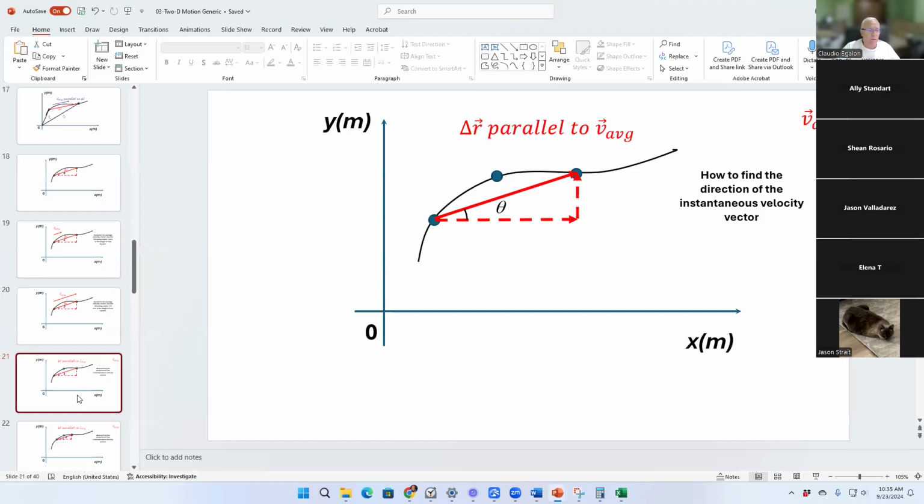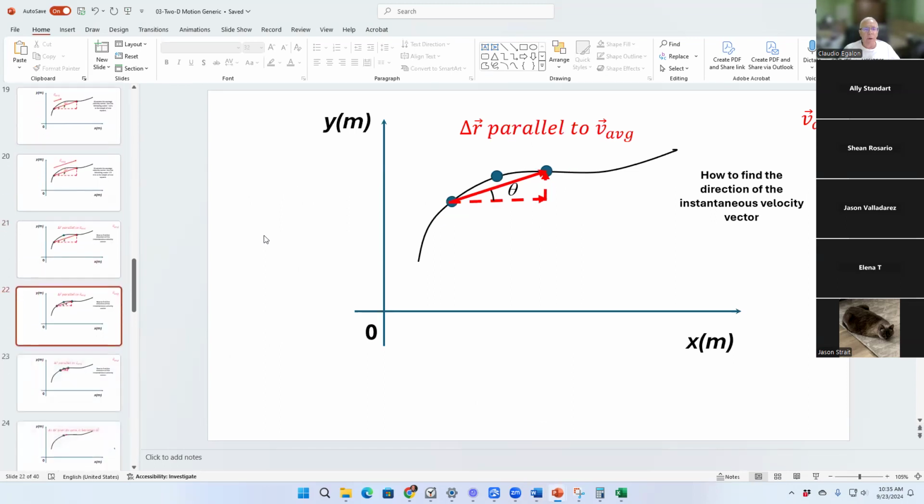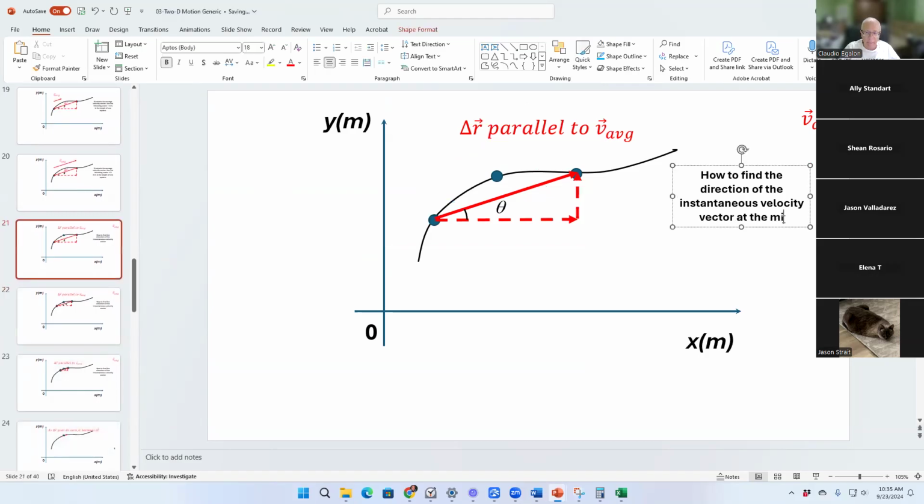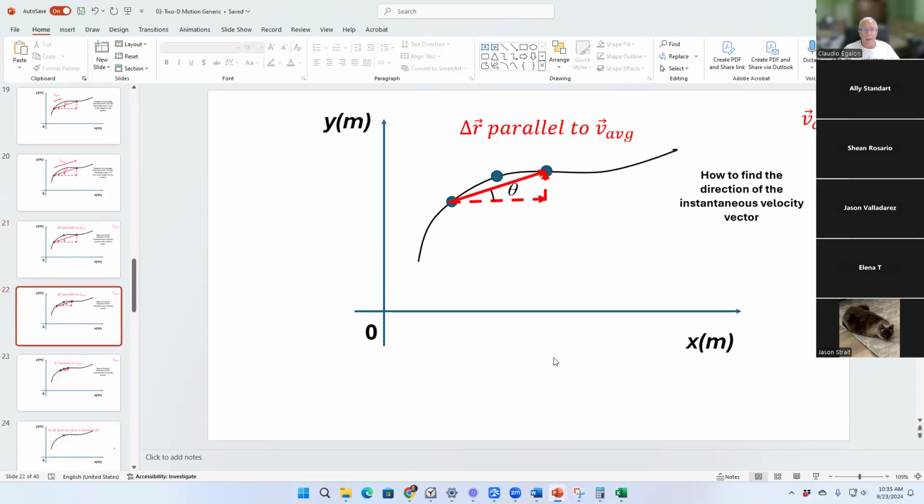If I want to find the direction of the instantaneous velocity vector right here at this point, the middle point, what do we have to do? We have to get the points that surround it and make their difference go to zero. You see what's happening?